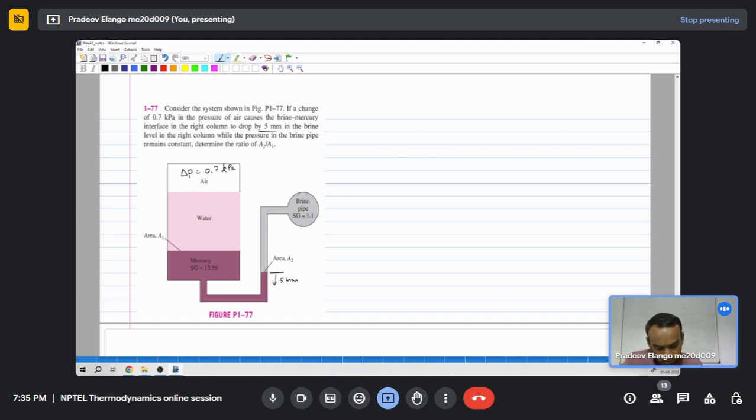And on the right side we have a brine pipe with a specific gravity of 1.1, and we have to determine the area ratio, that is A2 to A1. The pressure in the brine pipe is always the same.